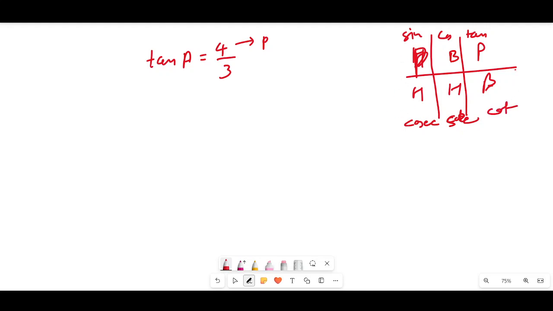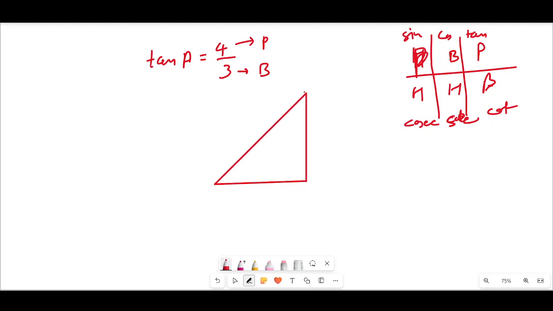We should learn this. If you practice more, then it is not essential to learn separately. This is the perpendicular and this is the base. Clear? If you draw a triangle, suppose this is A, and this is a 90-degree triangle.